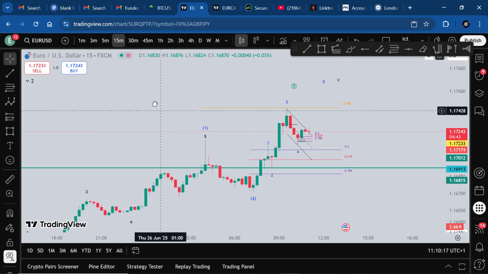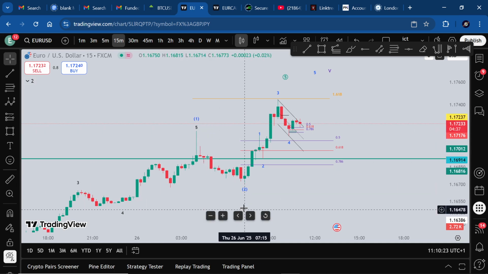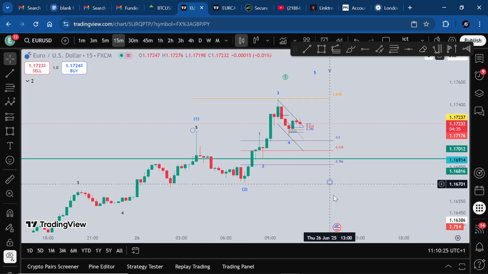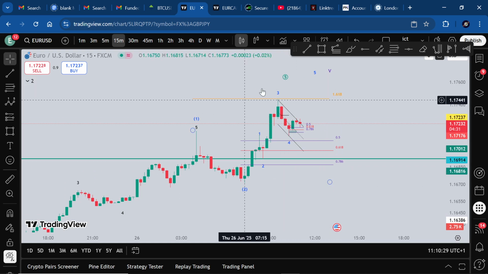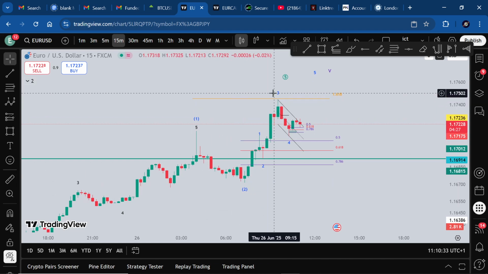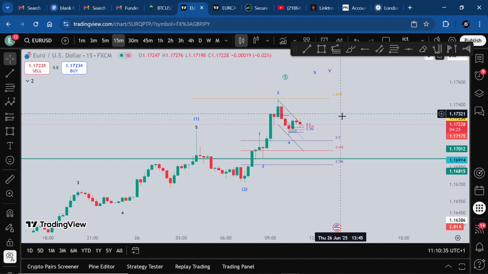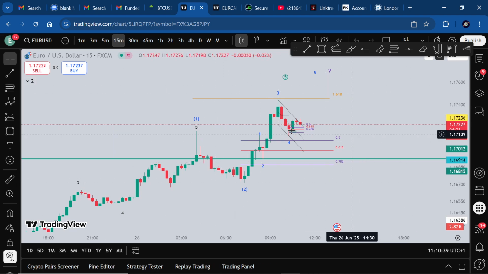So what got finished here could still be correcting in an A, B, C. We can get an expanded flat, we can get a running flat, we can get a WXY, we can even get a triangle, an A, B, C, D, E. So it's quite a treacherous area.